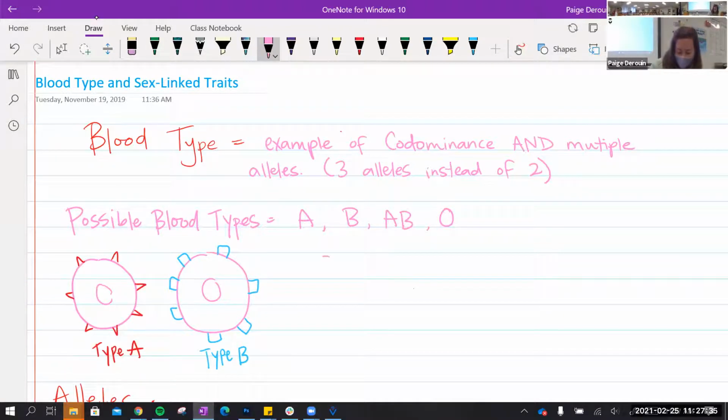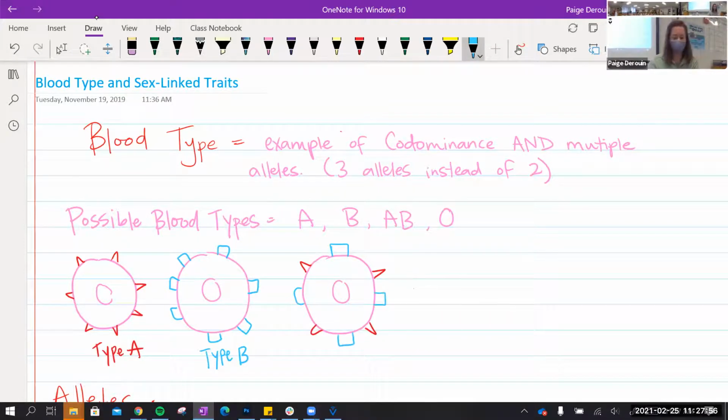So for people who are AB, here's their blood. This is codominance. So what are they going to have? They're going to have both. They're going to have some of these type A's, and they're going to have some of these type B's. Okay, this is obviously a simplified version of this picture, but this is type AB.